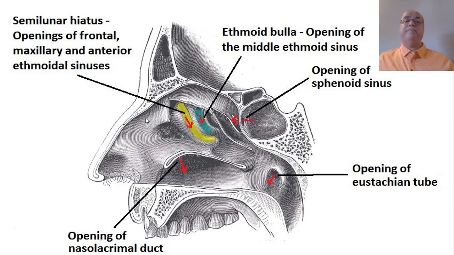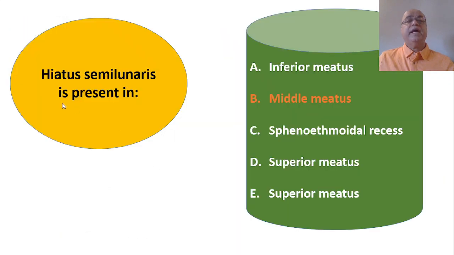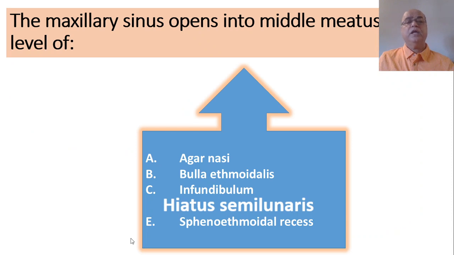So now going back to the previous question, of course the hiatus is a part of the ostiomeatal complex, so it is present in the middle meatus. Now, the maxillary sinus opens into the middle meatus at the level of hiatus semilunaris. If hiatus semilunaris is not an option and the rest of the four are options, then we will choose infundibulum.